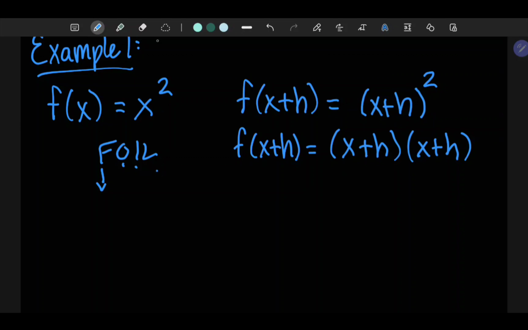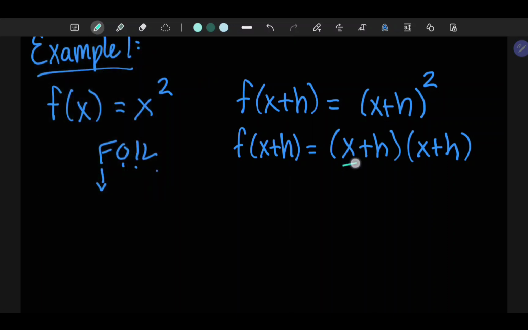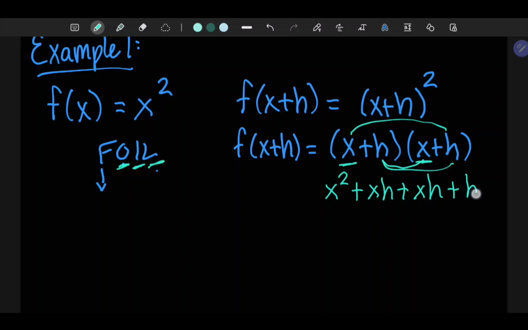My first terms are going to be x and x. So that'll be x times x is x squared, because we have 2 of them. Outside, for O, will be x times h. So plus xh. I means inside, so h times x again. And then last, h times h, which is h squared.